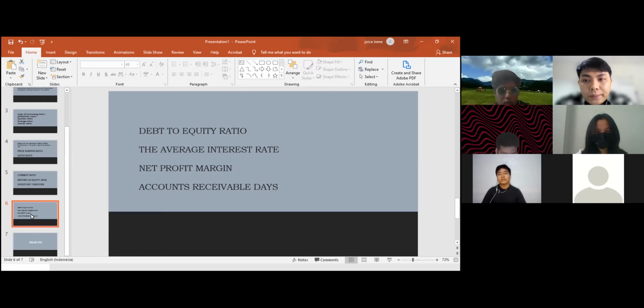It helps you work out the number of days that a customer invoice is outstanding before it is collected. The formula is accounts receivable over revenue times 365.